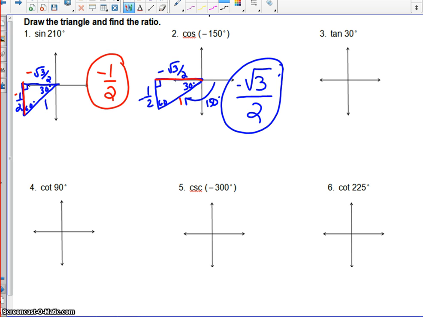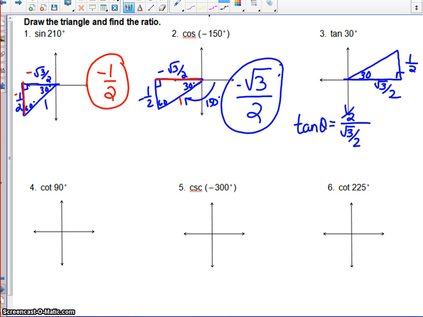We're looking at the tangent of 30. So I'm going to draw my 30-degree angle. Here's my right angle. This is 30 degrees. Across from the 30 is 1/2. Across from the other one is square root of 3 over 2. It's a 60. No negatives because I'm in the first quadrant. Tangent. Well, the tangent of any angle is opposite, 1/2, divided by adjacent, square root of 3 over 2.